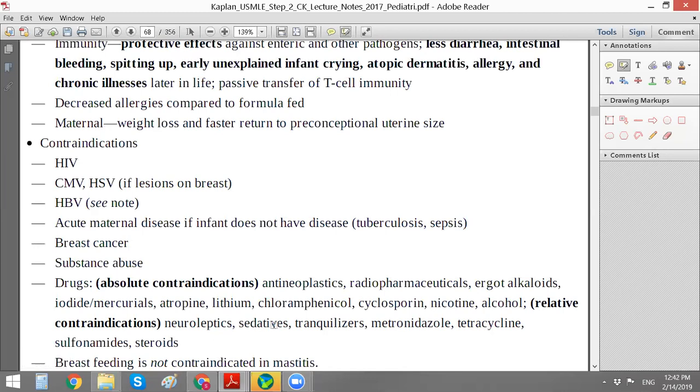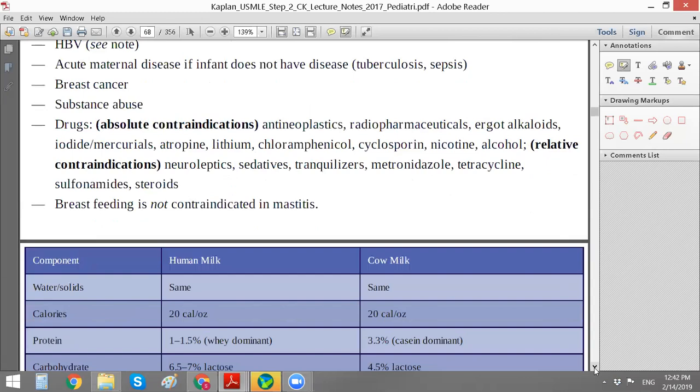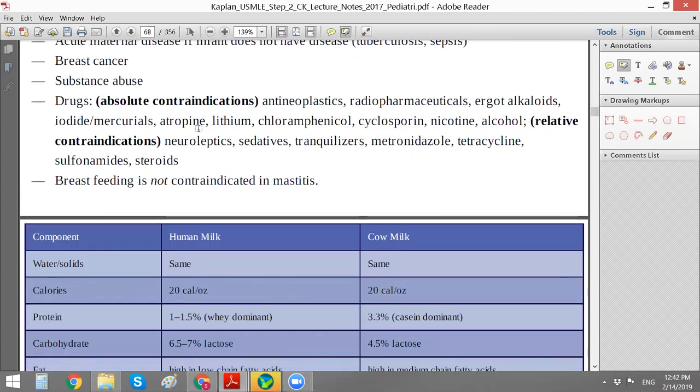Relative contraindications are neuroleptics, sedatives, tranquilizers, metronidazole, tetracycline, steroids. Breastfeeding is not contraindicated in mastitis. I would like you to know lithium, chloramphenicol, atropine, antineoplastics like cancer drugs, radioactive agents, even iodide, mercurials: don't.